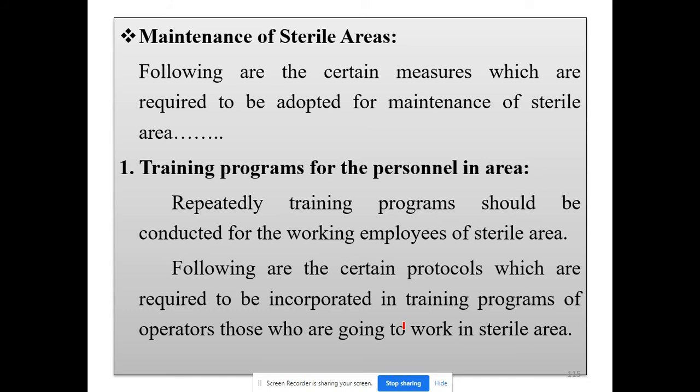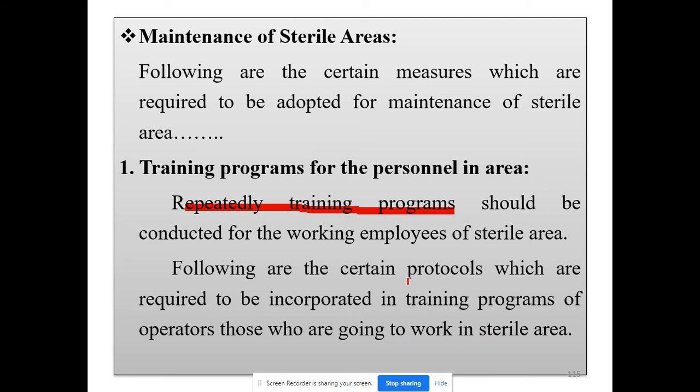We have to arrange a training program. A training program shall be repeatedly conducted or organized for the persons who are working in the sterile area. Following are certain protocols which are required to be incorporated in the training program of operators who are going to work in the sterile area. Student, try to understand.